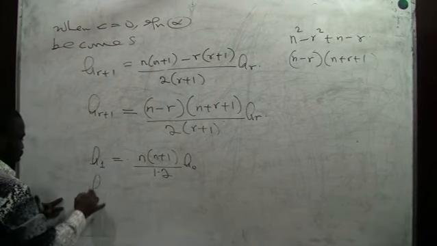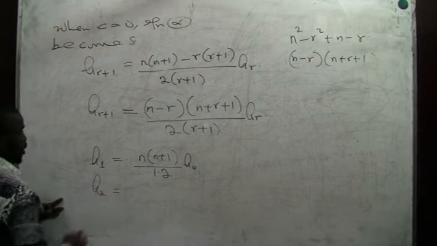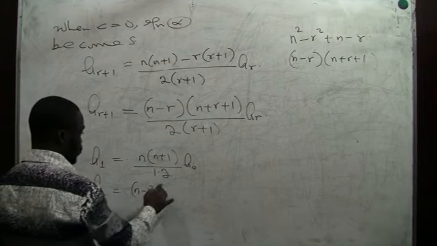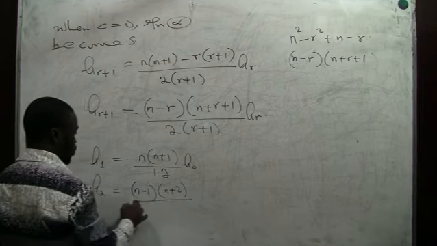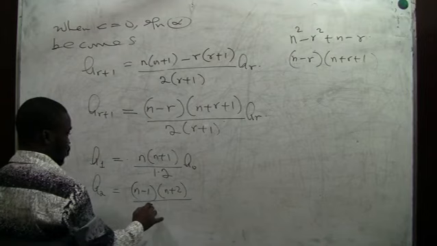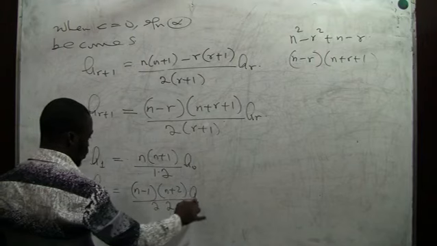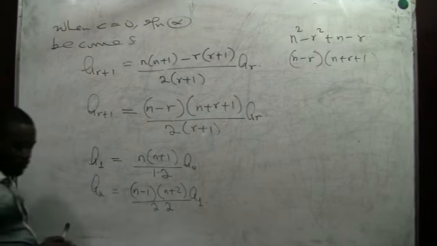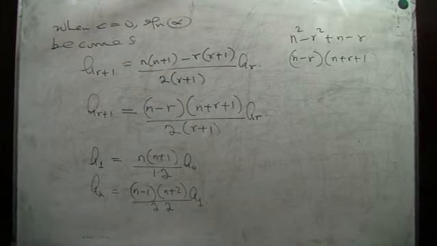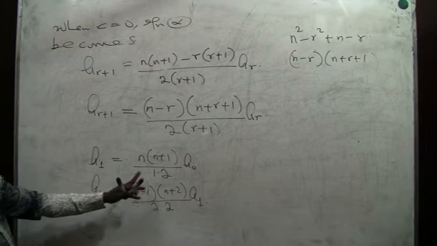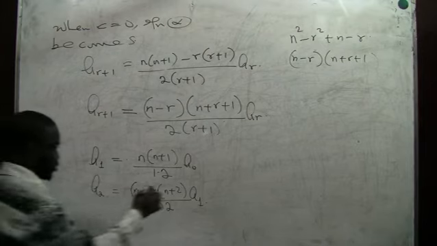The next one is A2, and that is that r equals to 1. Then we are going to have n minus 1 into n plus 2 divided by 2 multiplied by 1 plus 1 multiplied by 2 A1. There is value for A1 already. And what is that value? We have value of A1 to be n into n plus 1 divided by 1 times 2 A0. So substitute that value.